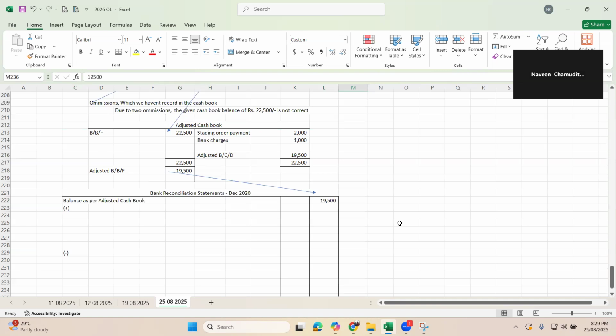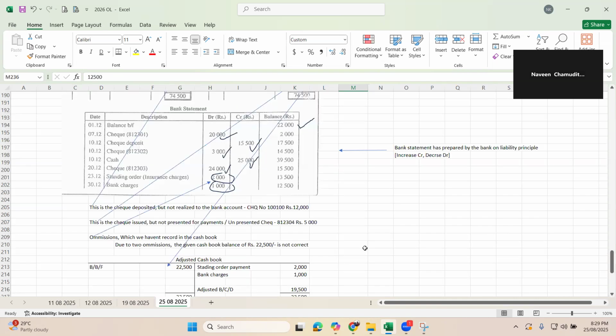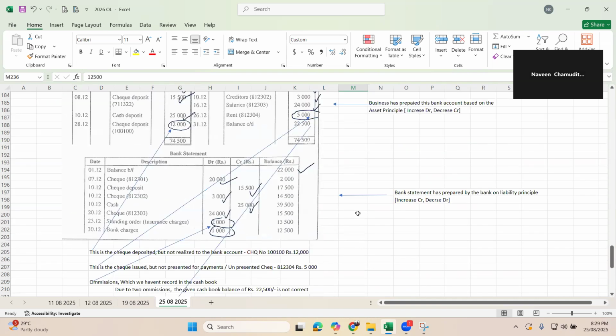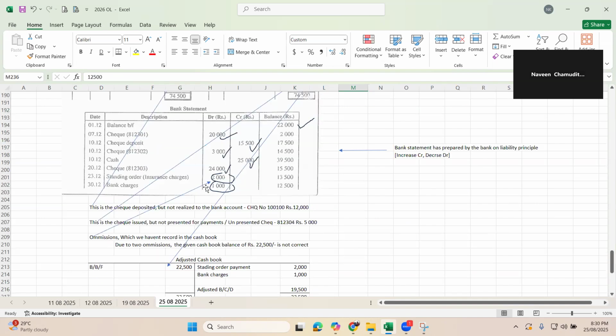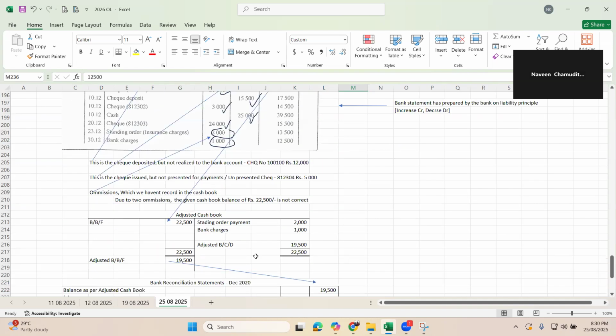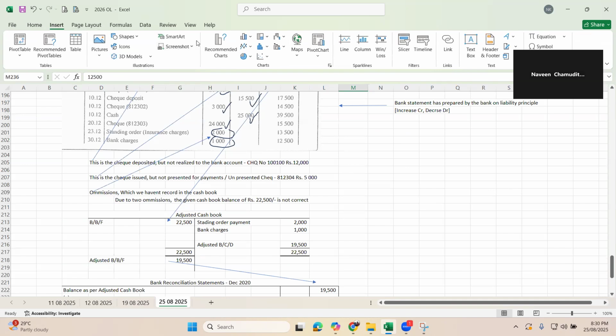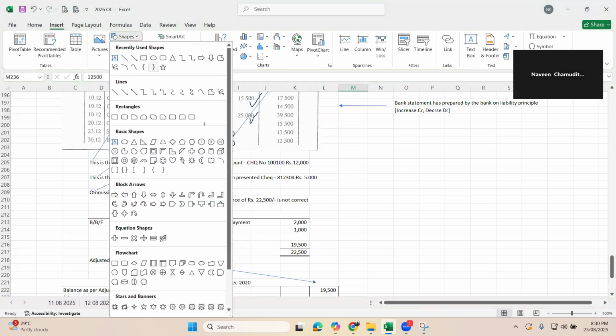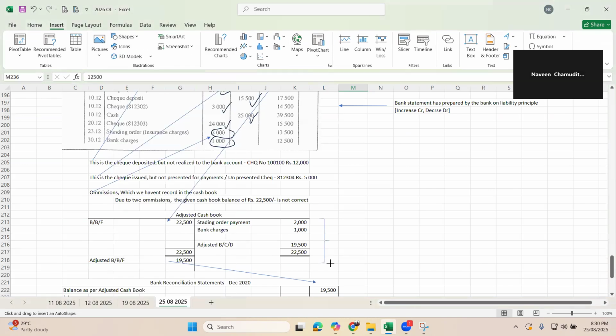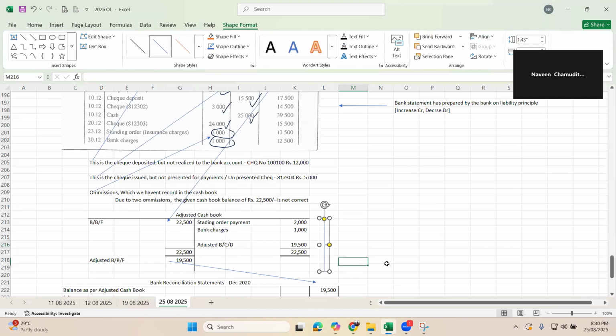So we'll see what are the adjustments coming here. So the things that were circled in the bank statement, we have taken to adjusted cash book. What are the things that we took? Items that were ticked in here. What are the things we took?